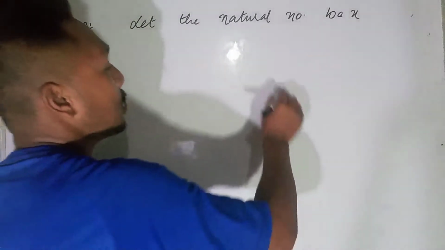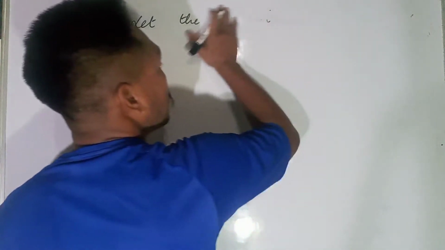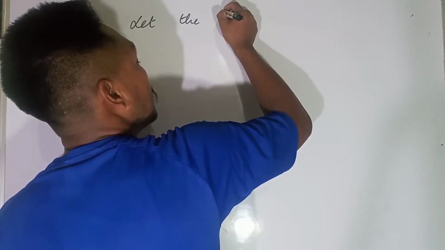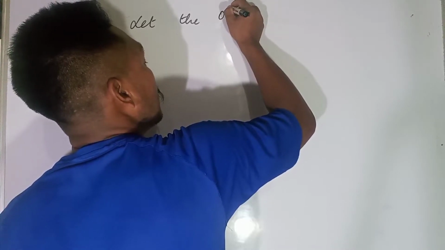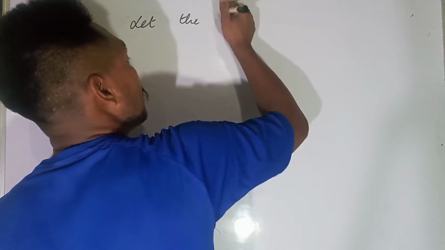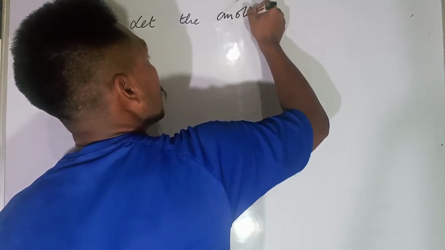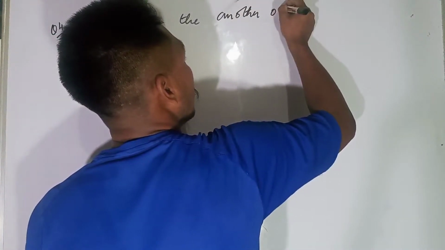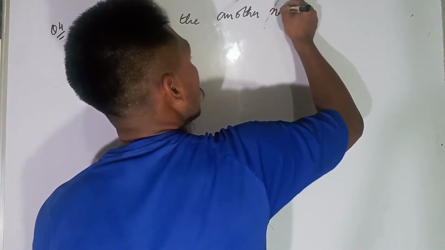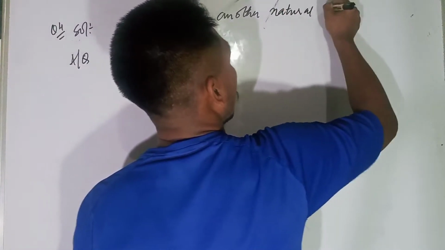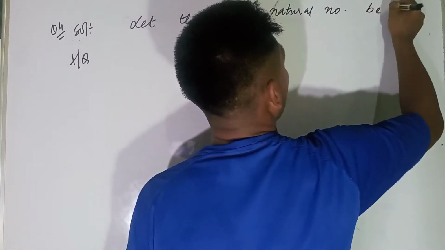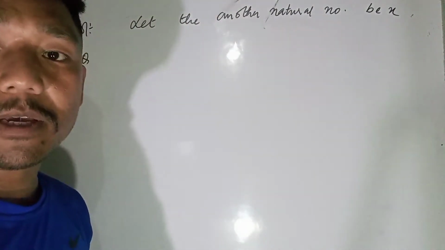So let the first natural number be 5 times the other, and let the other natural number be x.